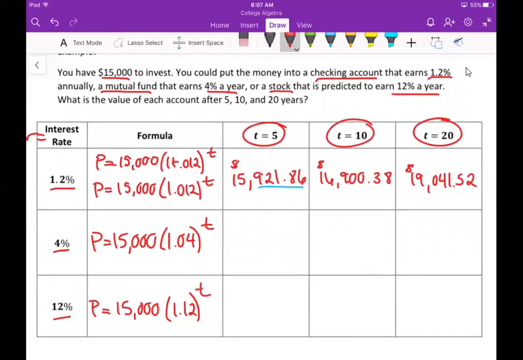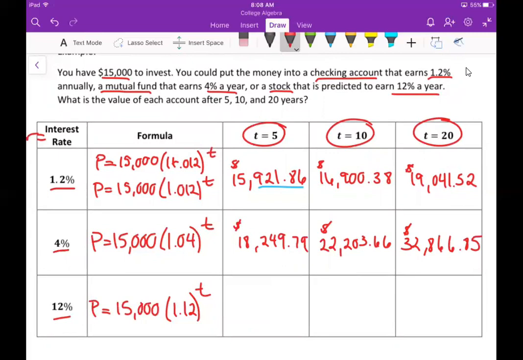So just get used to using those exponents in your calculator and compare these amounts as we go 5, 10, and 20 years into the future, thinking, okay, if we could continually get 4% on that mutual fund, how much would we have after 5, 10, and 20 years?